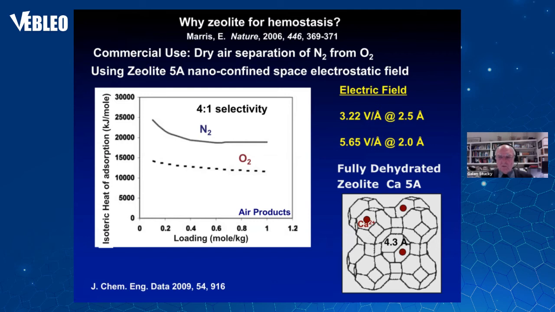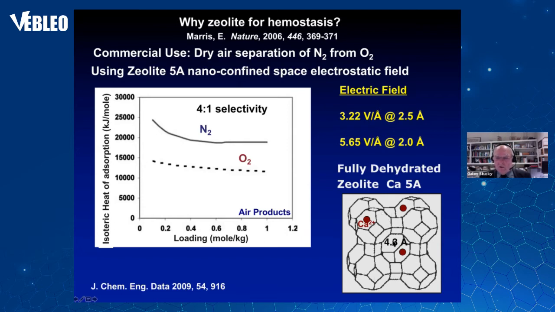And just a few words about how this became important. It came out of some work by an engineer. He was working on air separation at Air Products, because if you totally dehydrate the zeolite calcium 5A, then you have a very highly charged framework.